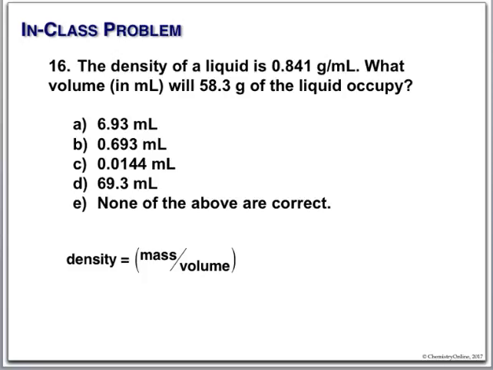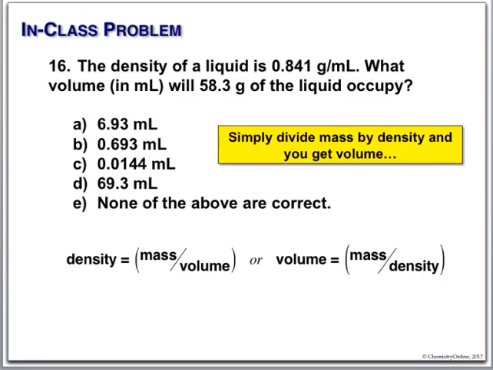Now in this problem, we are given the density, that's 0.841, and we are given the mass here, 58.3. So what you have to do is simply algebraically rearrange this to solve for volume. When we do this, our volume is simply going to be mass divided by density.